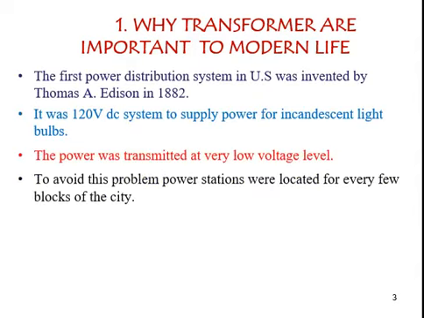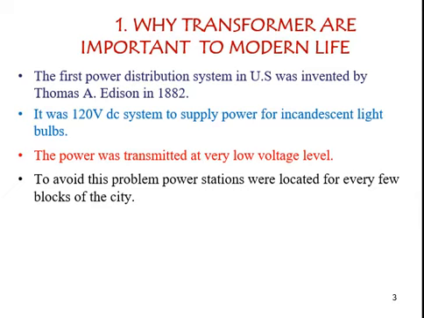In this case, first of all, we will go into some history. The first power distribution system was invented by Edison in 1882, which was a low voltage level system having a 120 volt DC system.